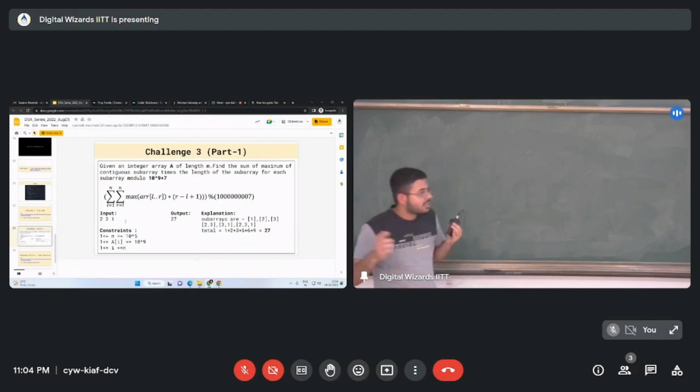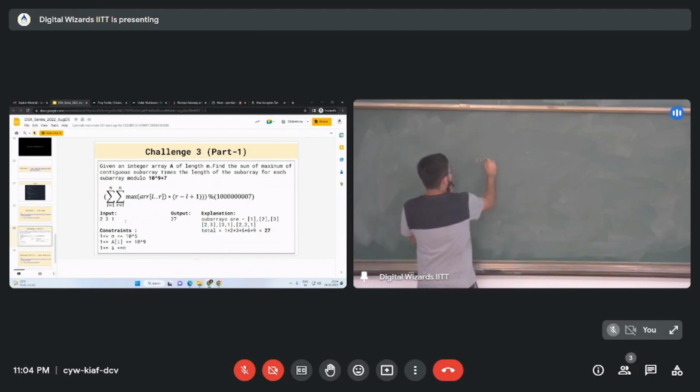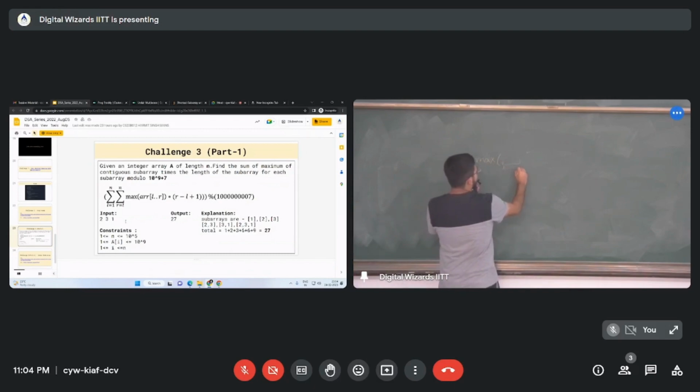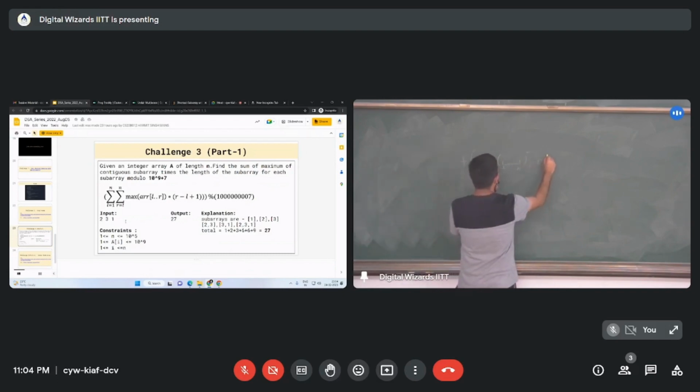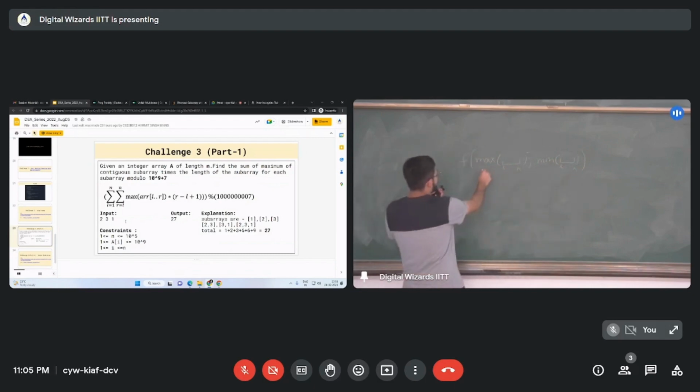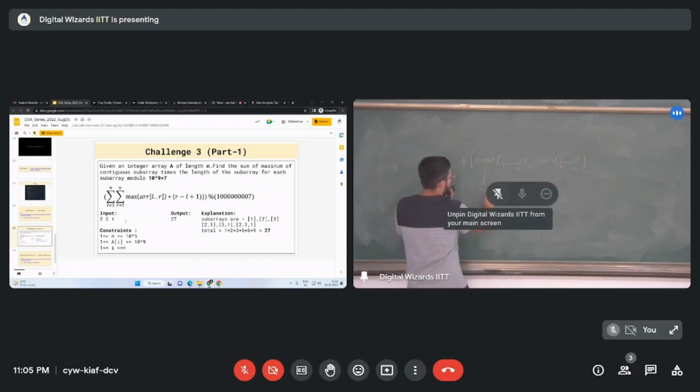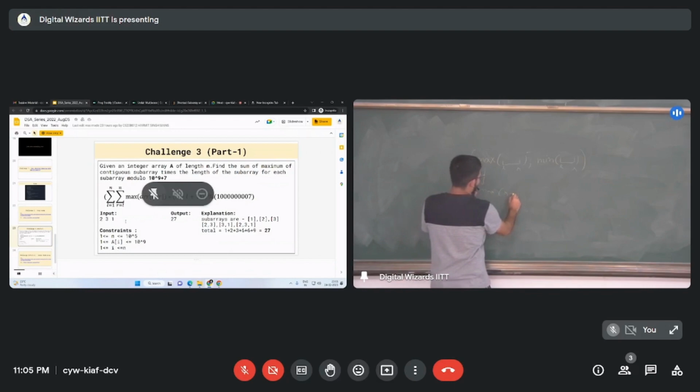So the thing is that you have the exact same question, just that you have the maximum of some subarray, and times, like it would be a function of this and the min, maybe. So in this case, the function is maximum times R minus L plus 1.